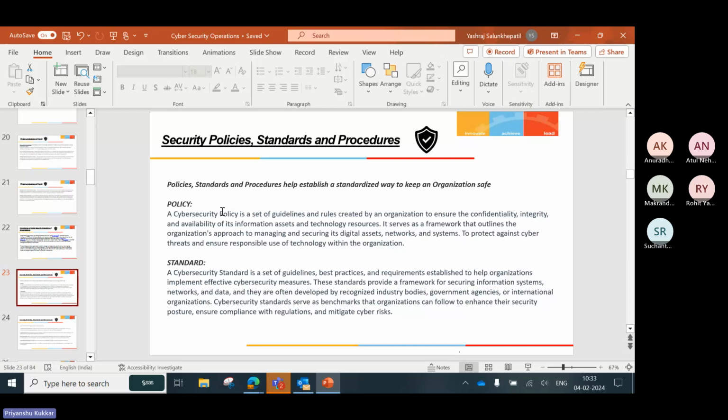So that is why a policy is a set of guidelines to ensure that certain things are done in a certain way. Like in the beginning of the lecture, I told you a scenario. These things are important because people don't take them seriously, they miss out something, and then legal action is taken.